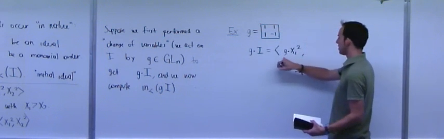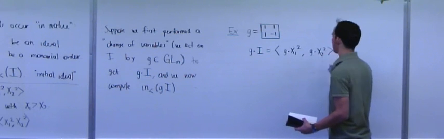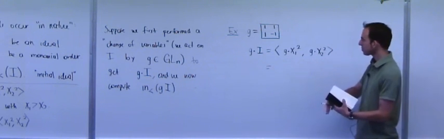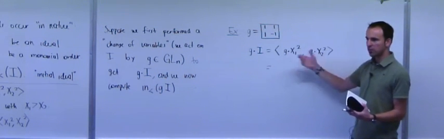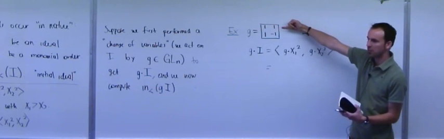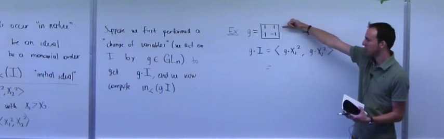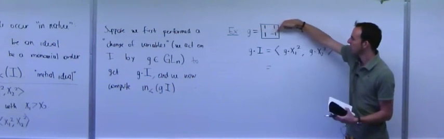Okay, so I let G act on x1 squared and I let G act on x2 squared. Okay. What does this do? Well, remember what I'm supposed to do is G tells me do a change of variables where now your first variable is given by the first row, your second variable is given by the second row. So the first variable is now x1 plus x2, second variable is x1 minus x2.